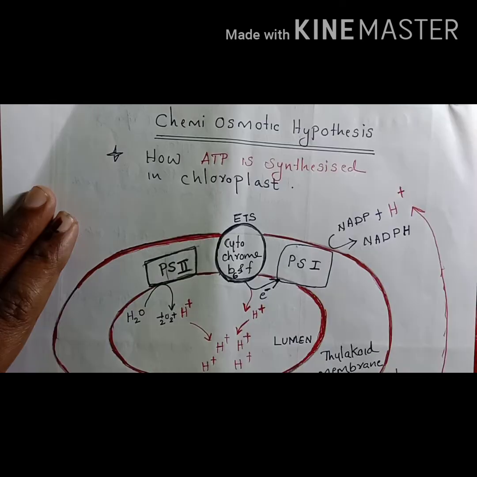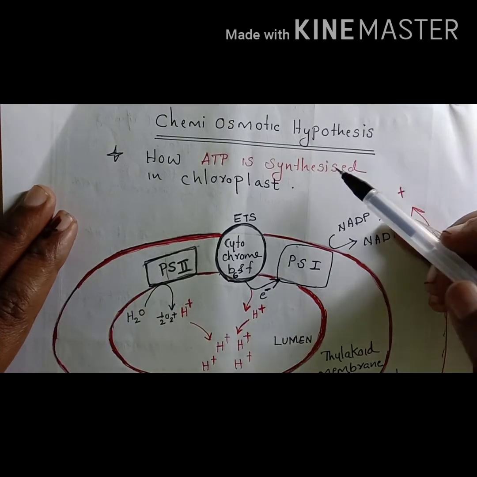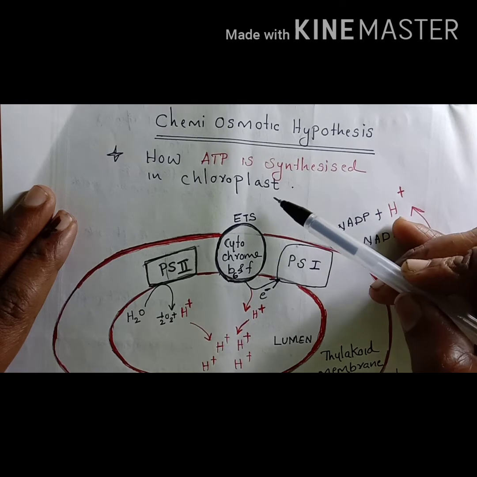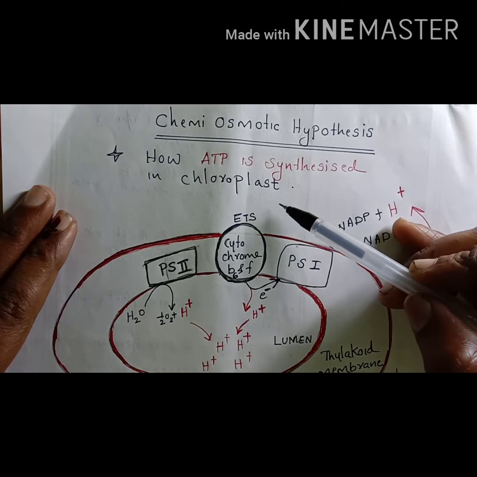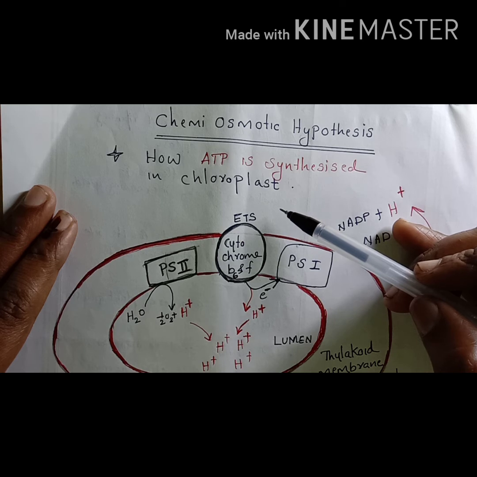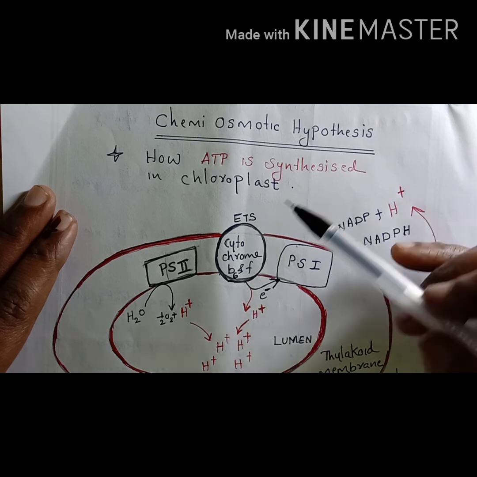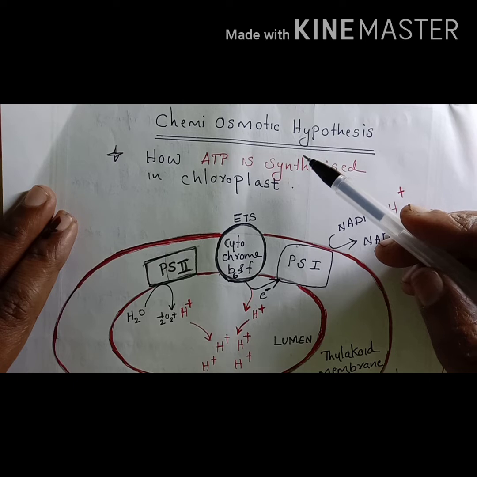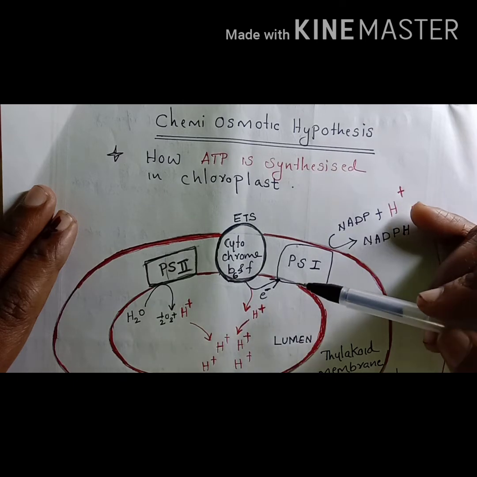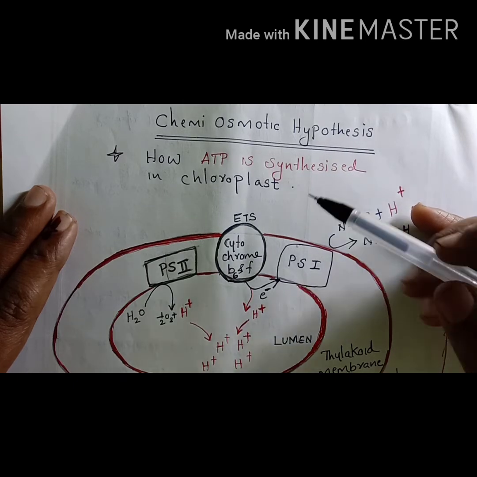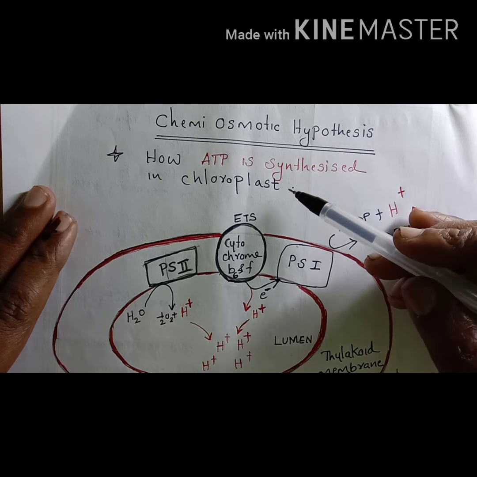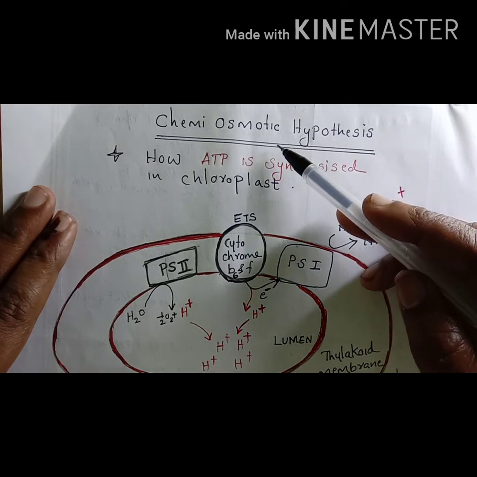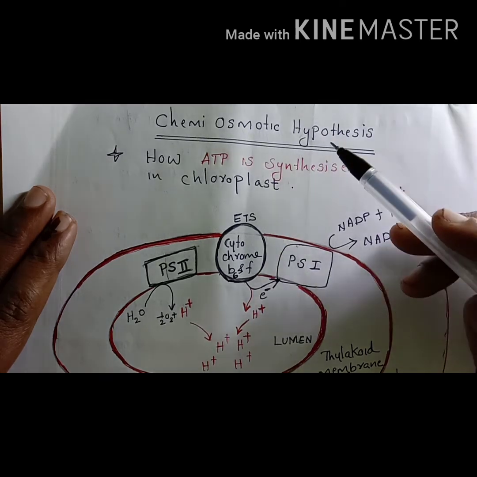So the chemiosmotic hypothesis explains how ATP is synthesized in the chloroplast. In both cyclic and non-cyclic photophosphorylation, when the electron travels through the electron transport system, one ATP is produced. How this ATP is produced can be explained through the chemiosmotic hypothesis.